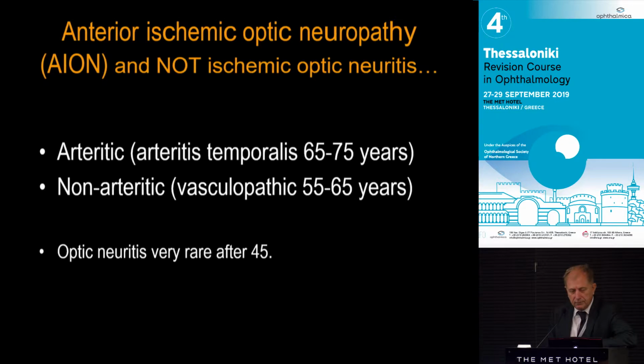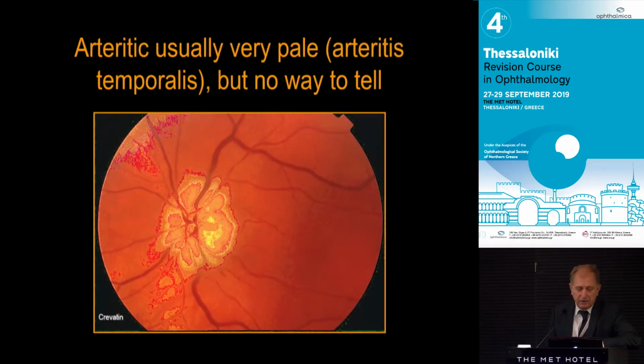So age helps, of course, and if it's over 65, you should consider every anterior ischemic optic neuropathy arteritic until proven otherwise. If they are between 55 and 65, which is the peak age of the non-arteritic, and they have risk factors for cardiovascular disease, that would usually tell you that it's probably non-arteritic. But you should always be open to suspicion in some patients.